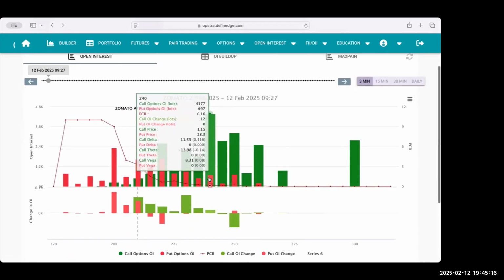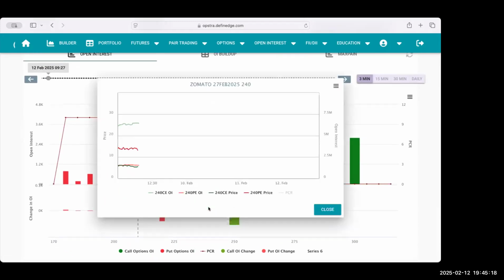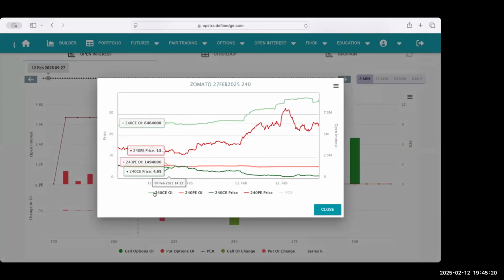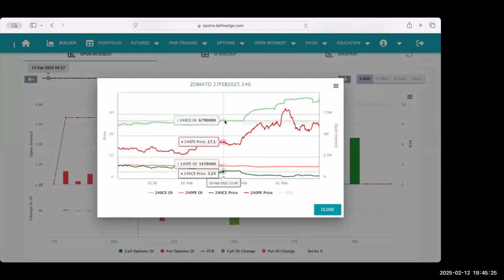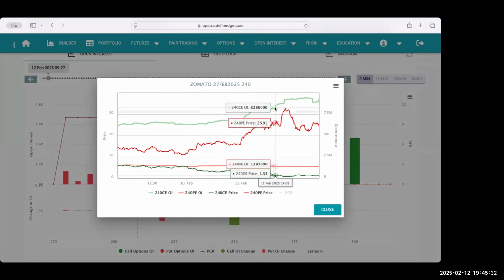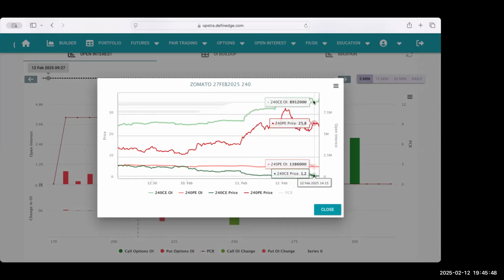See, this is the strike price. 240 CE was here around yesterday, this is 12th February. Okay, this is today. You were saying it gave a momentum from here, then it went up and came down.